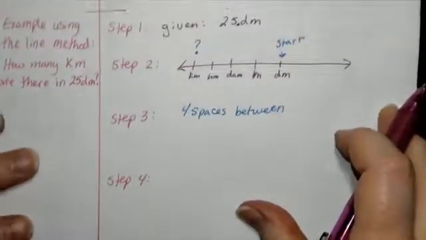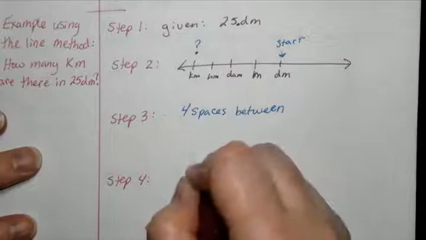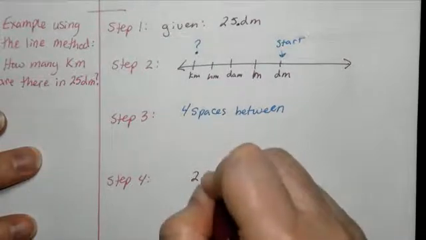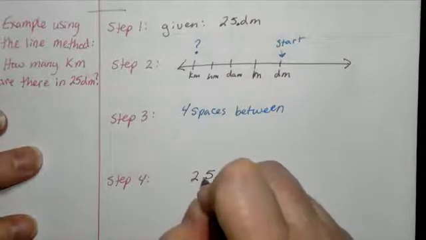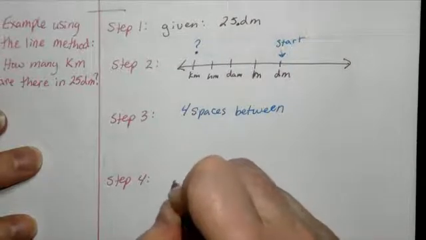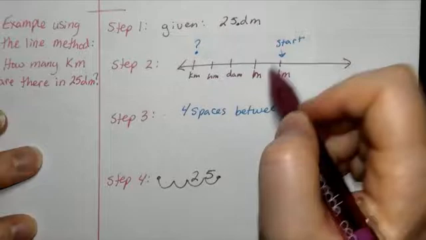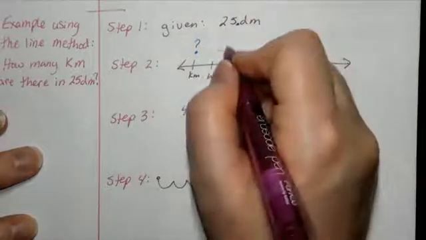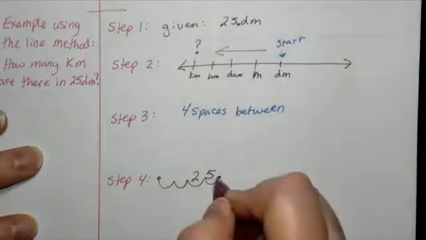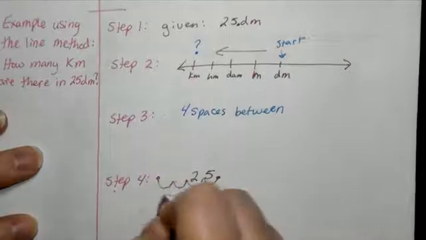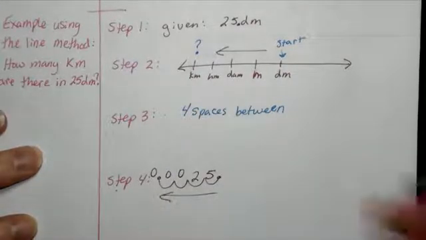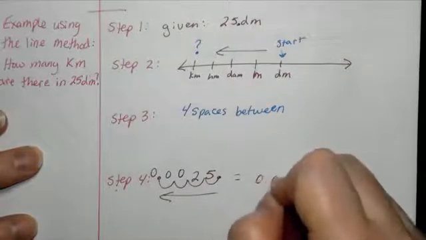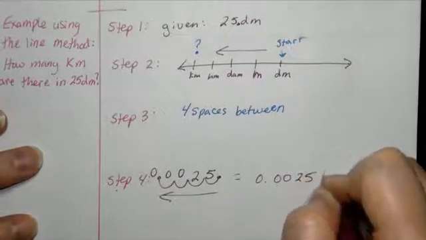So if there's 4 spaces in between, I'm going to go ahead and start moving my decimal place now. 25 point, and I'm going to go 1, 2, 3, 4, because I had to move that direction. So I'm going to move the decimal that direction. I'm going to plug in my zeros, and so my answer is 0.0025 km.